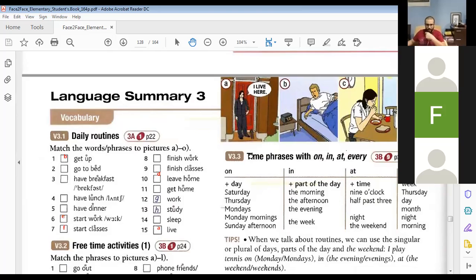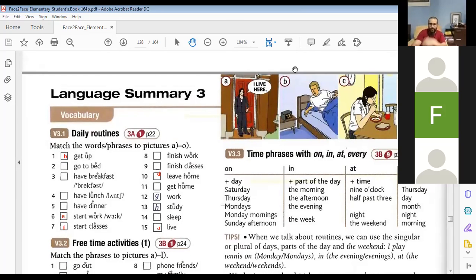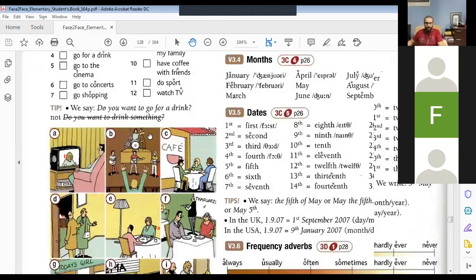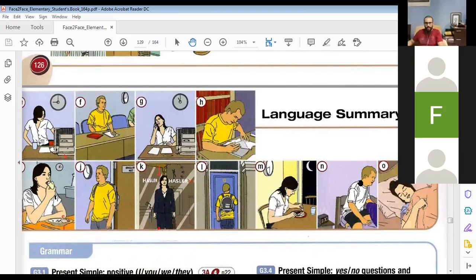Let's choose finish class for J. We're almost done. K, what's K? Finish work. Okay, finish work. Let's check the rest of them. So K is finish work, and L?